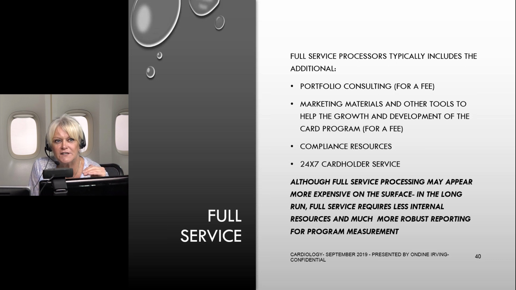Now, I do know some arguments are, well, it integrates. Sometimes these decisions were made between processors and IT, and the card people were left out. The biggest complaint I have about in-house is the reporting. If I send you this spreadsheet, or if you want this spreadsheet and I send it to you, trying to get the data is going to be a nightmare.